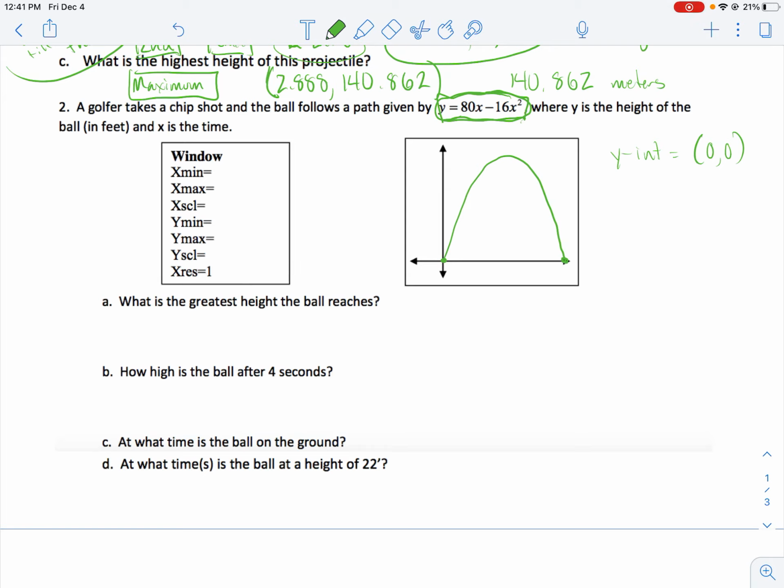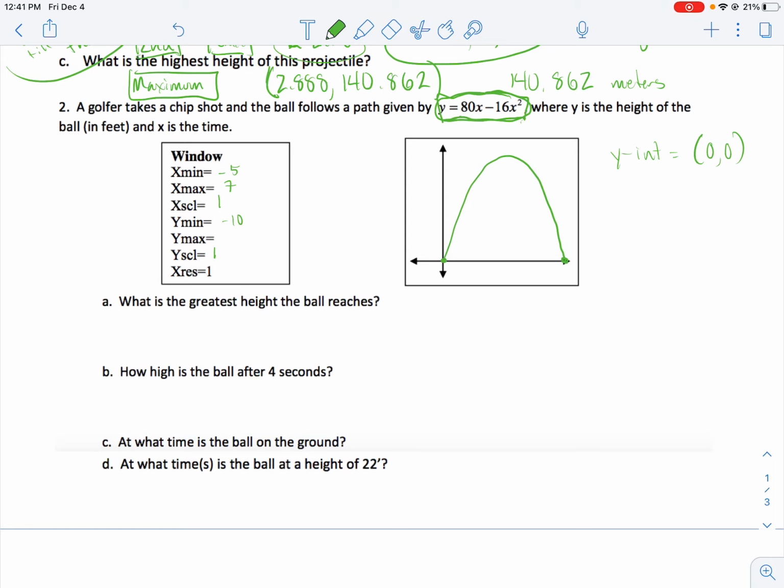All right, I'm going to change my window up so that instead of going up to 10, I'm going to only go up to 7. So I'm going to go negative 5. My x max, I'm going to go up to, let's say 7. It's keeping the scale at 1. Okay, my y min, I'm going to keep it negative 10.